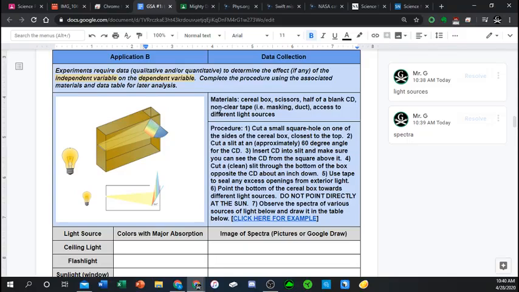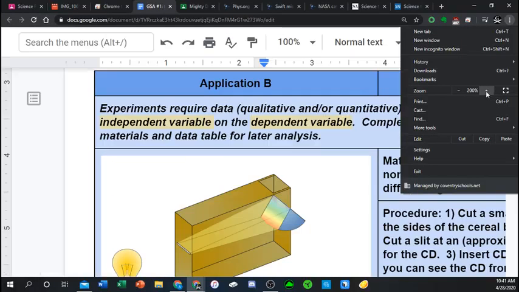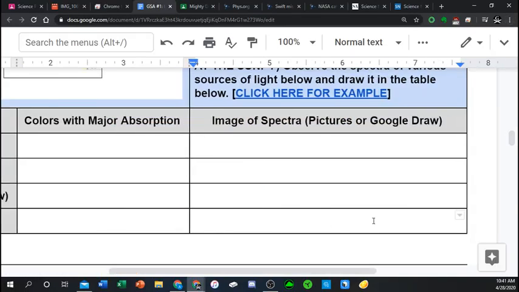Non-clear tape, so like masking or duct tape, and then different light sources. Your procedure. You cut a small square hole on one of the sides. That's your viewing window. Cut a 60-degree slit for your CD, DVD, game, whatever you're not afraid of getting scratched.